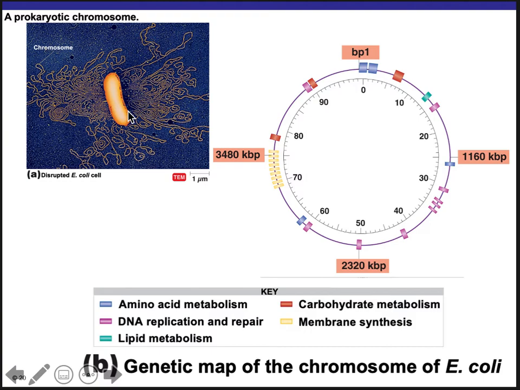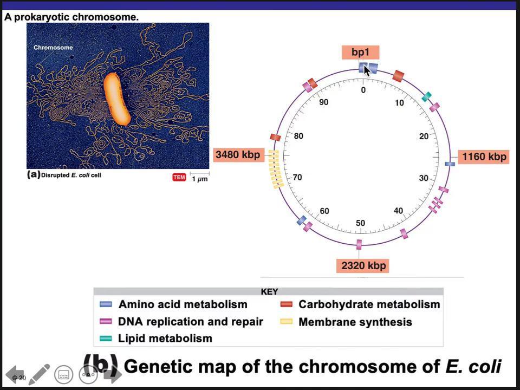And then on the right hand side of this image, if you were to take this entire chromosome and unravel it to be a complete circle, then you would see something like this. I do not need you to memorize this actual structure here. I just want to give you a little perspective on bacterial chromosomes.